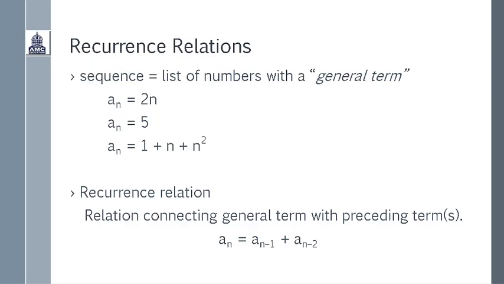Okay, let us look into a few more examples and try to discover what the general term is. You can see that there is a sequence 2n. And usually the values of n are taken strictly greater than 0, or maybe non-negative integers. But there can be some recurrence relations where the value of n could be any integer that is conceivable.